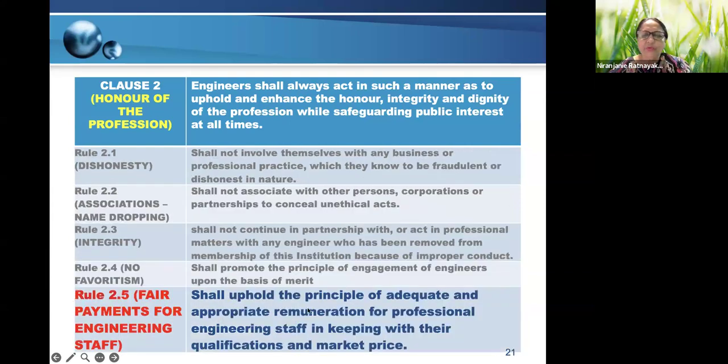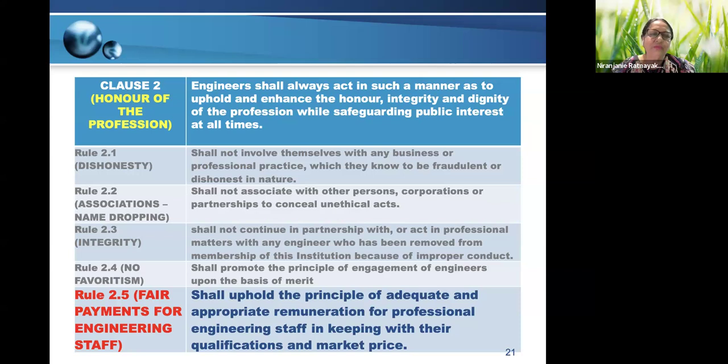Fifth one is shall uphold the principle of adequate and appropriate remuneration for professional engineering staff in keeping with their qualifications and market price. So it's a fair payment for engineering staff. Now this is something that sometimes you tend to ignore, but you must make sure that anyone who is doing an engineering job is paid properly.